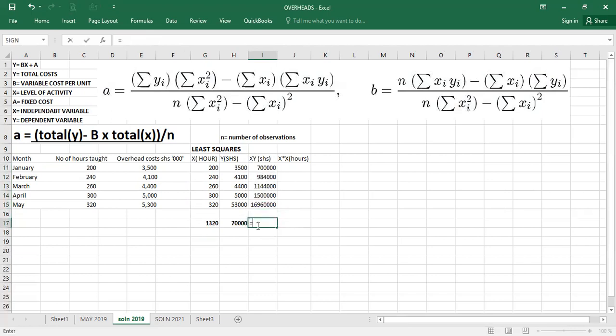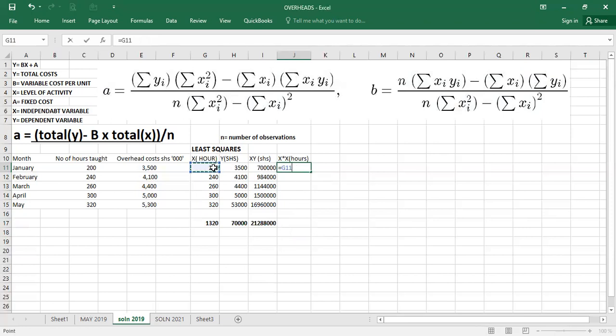Also get their grand totals. So we get our x squared will be this.